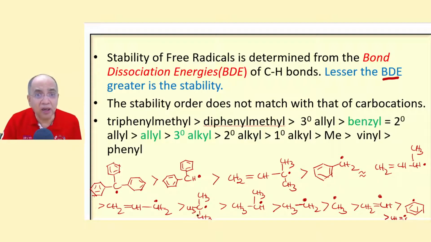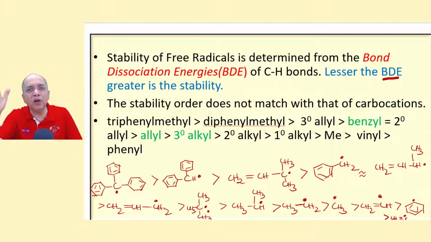You might ask me that here also there are so many hyperconjugation structures. But mind you, here there is one unpaired electron. There is a repulsion factor. In a carbocation, it's an empty orbital, so the extent of overlap and delocalization was much more profound than in this case where there is one unpaired electron.